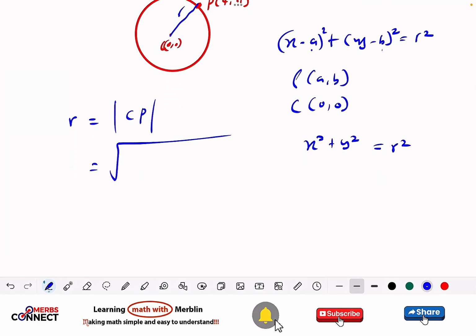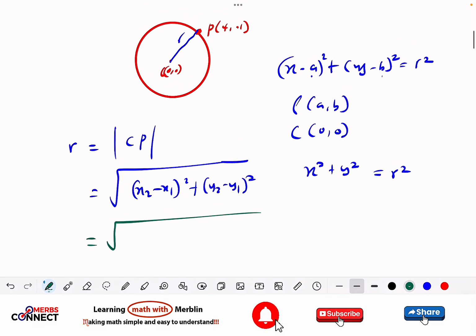So let's find the distance: square root of x2 minus x1 squared plus y2 minus y1 squared. So what are we going to get from here? Now x2 is 4, x1 is 0, squared, plus y2 is minus 1, and y1 is 0.